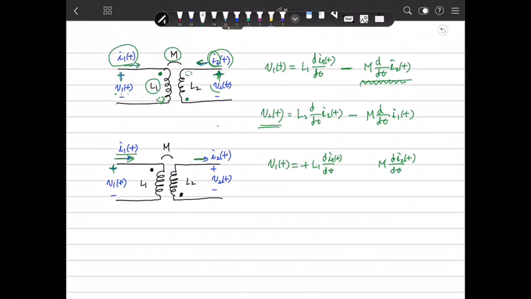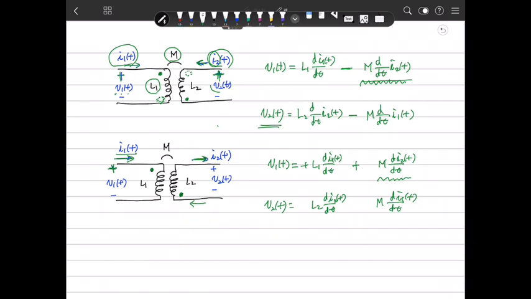And because current I2 is going into that dot, the voltage caused by I2 is positive where the dot is positive. So the dot and plus are in the same direction, so this is a plus. And V2(t) has two terms, L2 d/dt I2(t) and M d/dt I1(t).